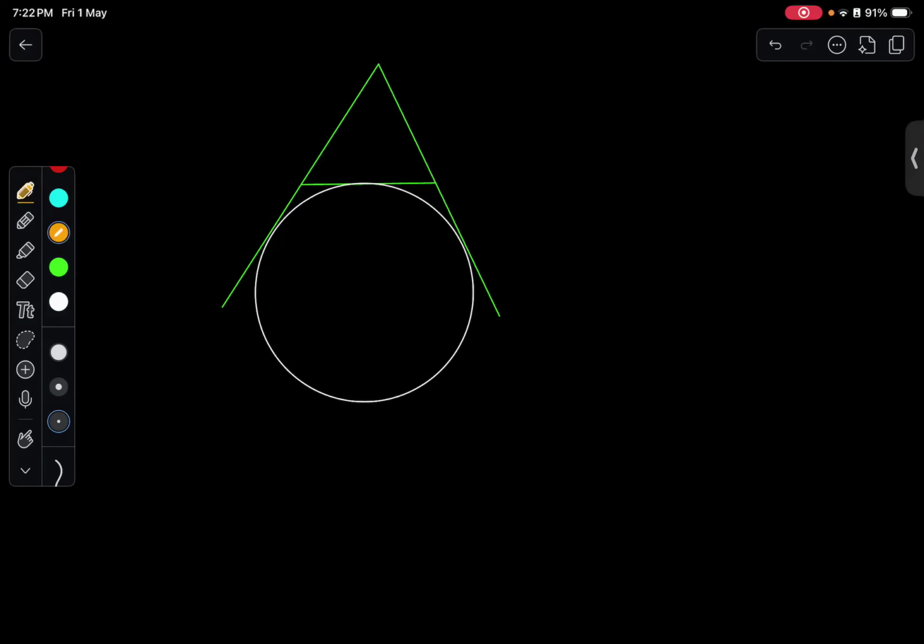So let this be A, this be B, and this be C. Just we have to assume something. Can I go with this is X, this is X, this is Y, this is Y? And this length is B, this length is C, and this complete length is A. Means X plus Y is A only. First thing we can assume.